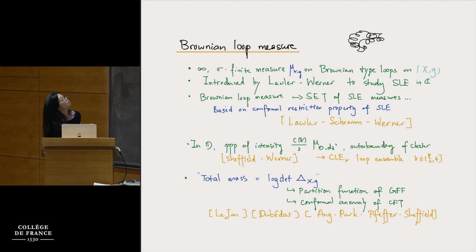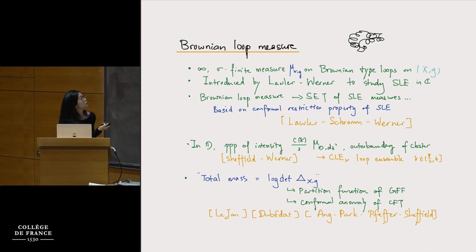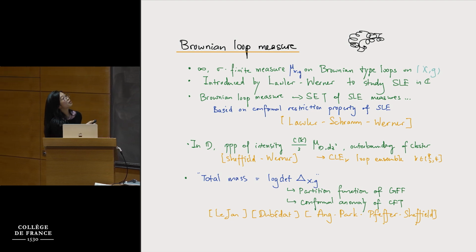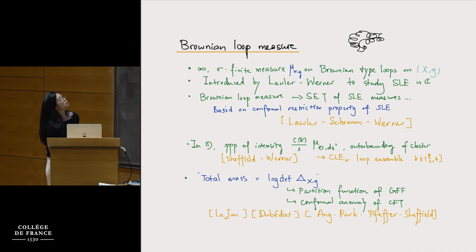It was introduced by Greg Lawler and Wendelin Werner in the study of Schramm-Loewner evolution on the sphere. So it was done originally on the sphere, but the generalization to Riemannian surfaces is almost immediate. And this Brownian loop measure has also been used to describe the stress energy tensor of the SLE loop measure.